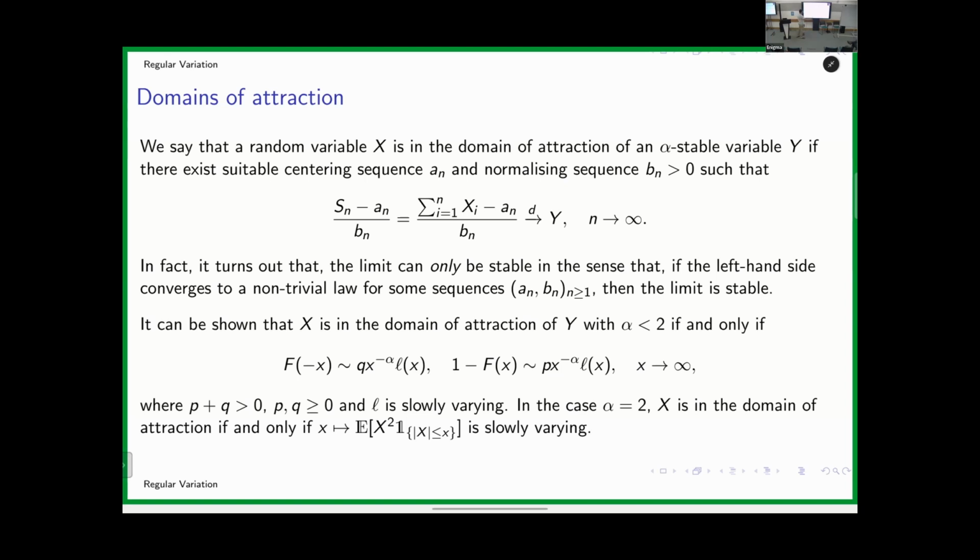The right tail should also look like this, but with a possibly different constant p. Note that the power must be the same on both sides, and so must the slowly varying function. Of course, if you have different powers, only the smaller power will dominate, and you would essentially have the same relationship, but with q or p equal to 0. So the only condition is that the sum of them is positive, so at least one of them is strictly positive.